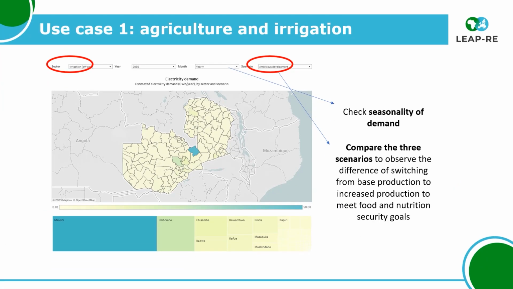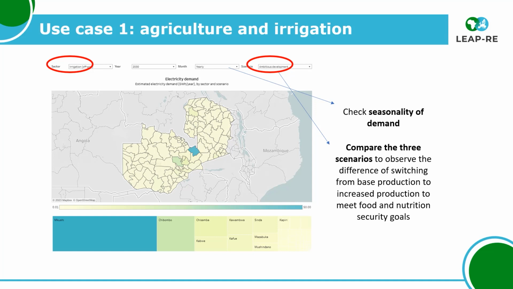We can then proceed and take a look at the electricity demand dashboards, where we can also find two types of irrigation sectors. We can find an irrigation sector and an irrigation sector off-grid. That is to say, that mirrors the demand for water pumping that is remote from cropland, from settlements.